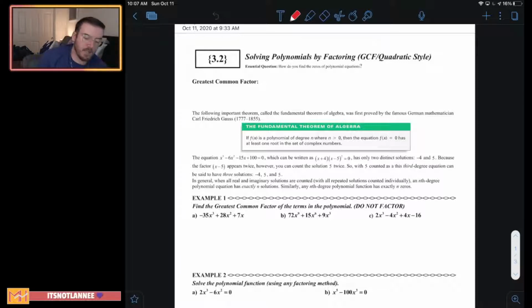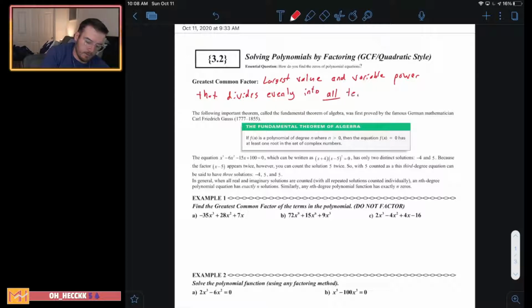So greatest common factor. What is a greatest common factor? We've mentioned this before in the past. We're going to write it down again. It's the largest value and variable power that divides evenly into all terms of a polynomial.